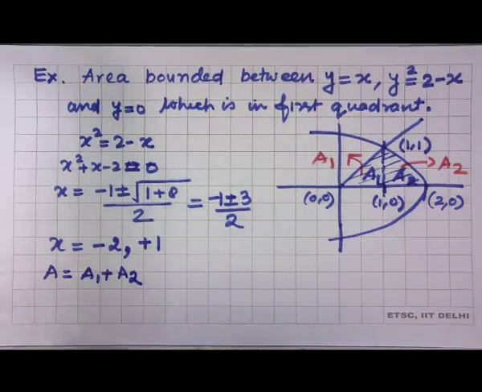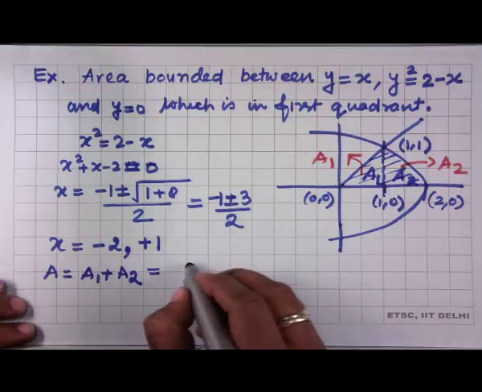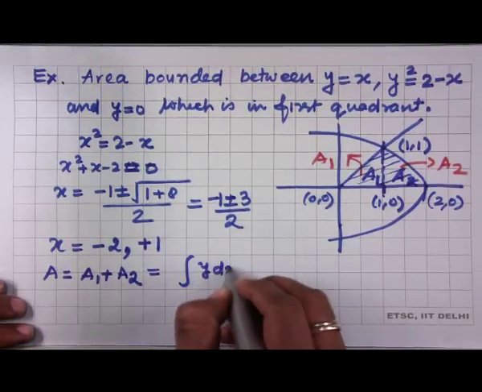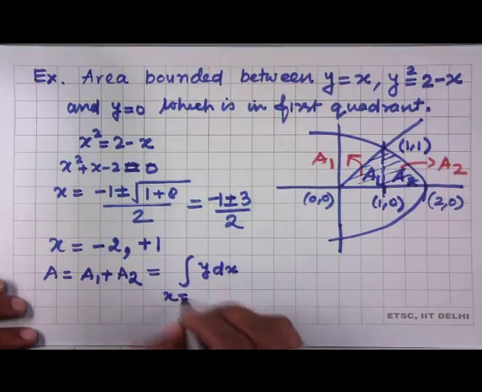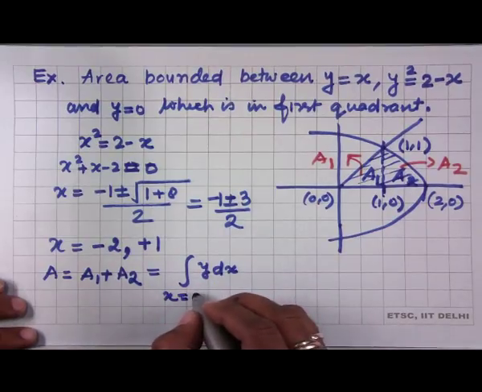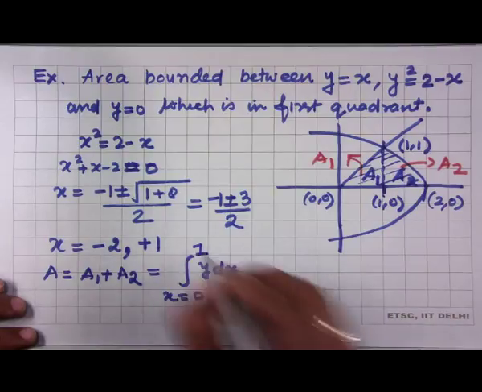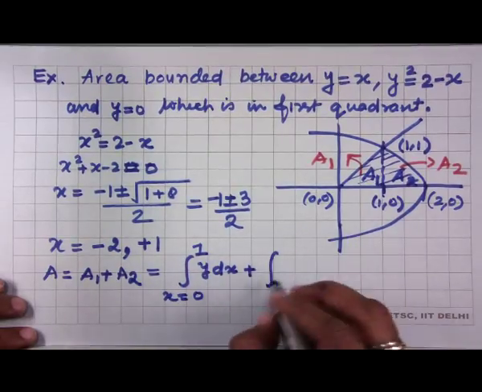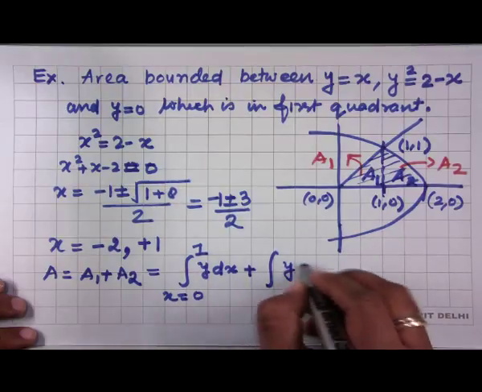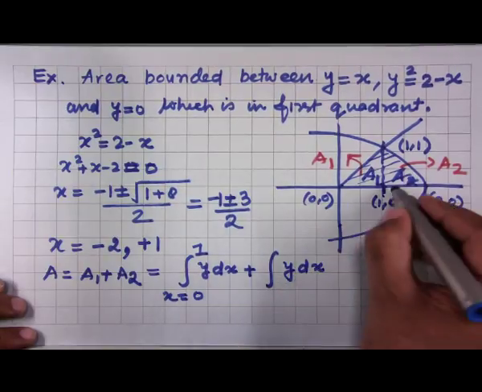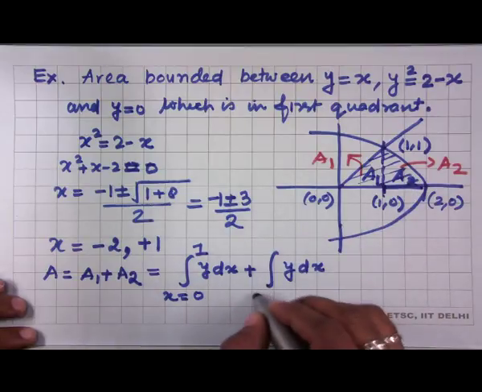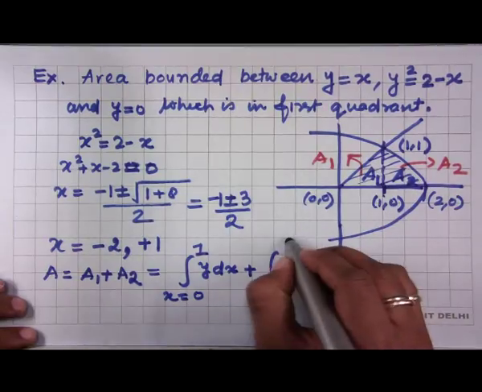So, A1 is given by y dx, x goes from 0 to 1, plus y dx, and for A2 this x limit will be from 1 to 2.